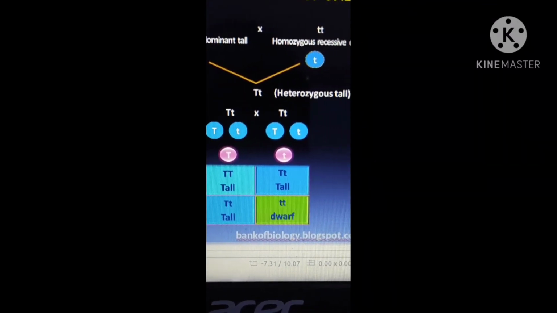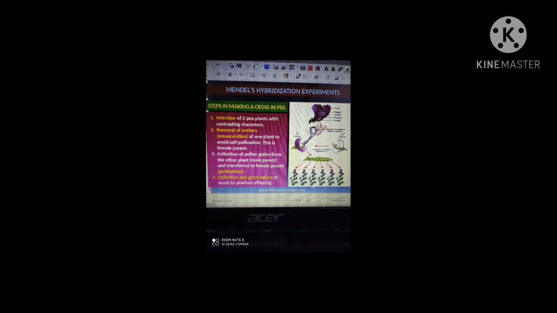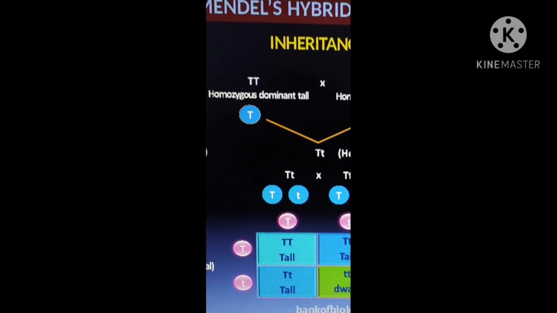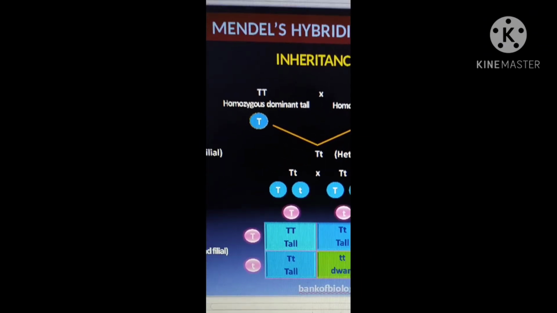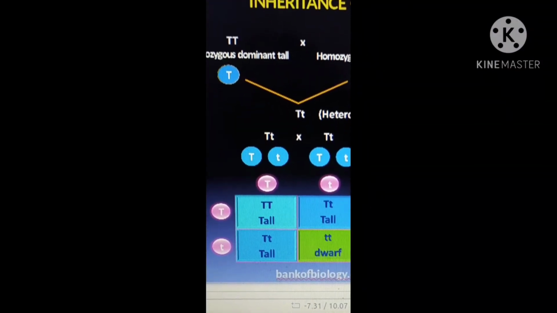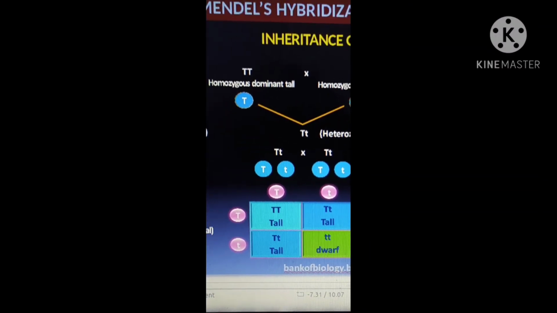Among these, capital T capital T is a homozygous dominant tall plant, and capital T small t is a heterozygous tall.